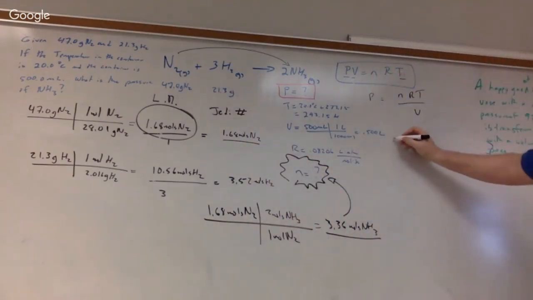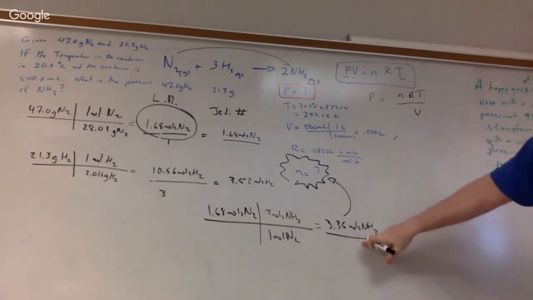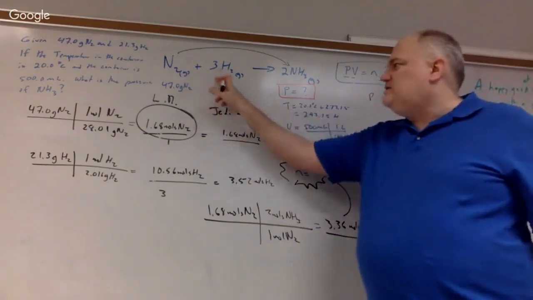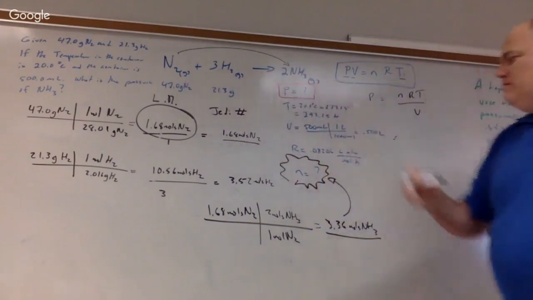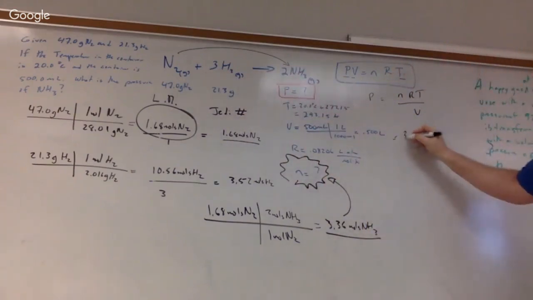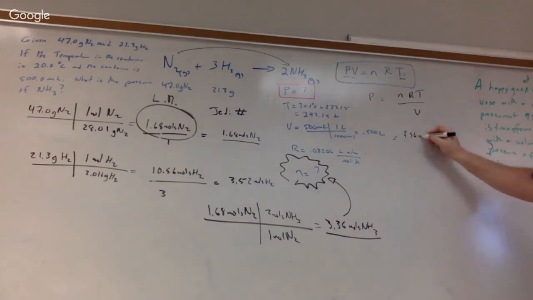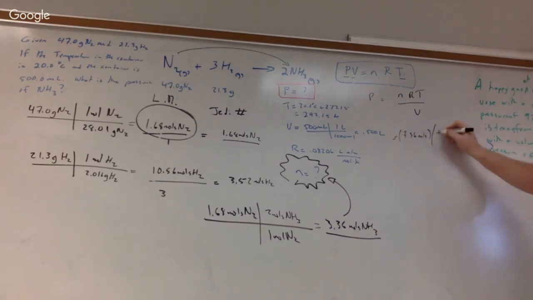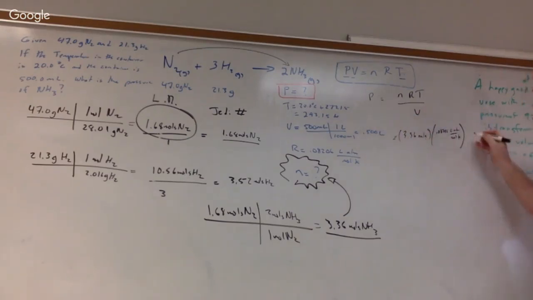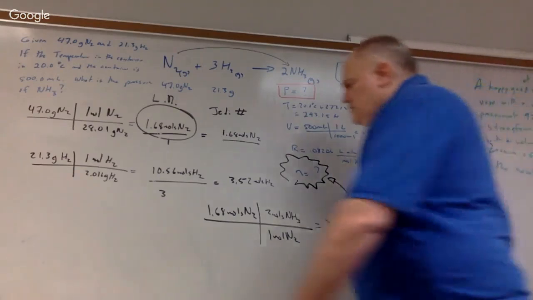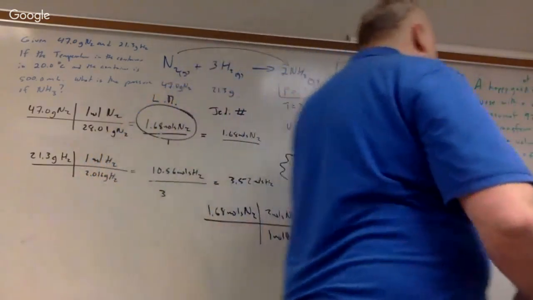Okay? So if I plug it in now and set it up, I'm going to take the n that we solved for, based on the reactants reacting together to form a certain amount of moles of this, and that's going to be on the top, 3.36 moles. And next to it, I'm going to have the ungodly 0.08206 liter-atmospheres per mole-kelvin, which again, terrible unit. And our temperature is going to be 293. I know I'm running into this stuff here, but since we don't need it anymore, I'm just going to erase it.